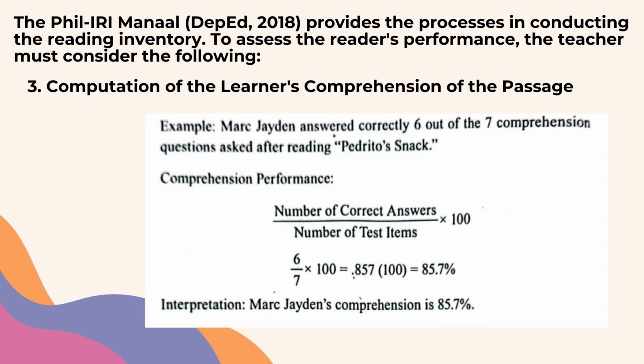Now, for example, 6 over 7 multiplied by 100 is equal to 0.857. Multiplied by 100, we have here 85.7%. Now, the interpretation for this is that Mark Jaden's comprehension is 85.7%.